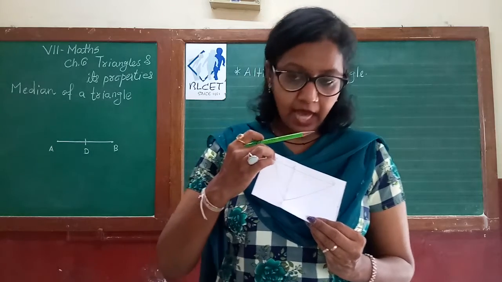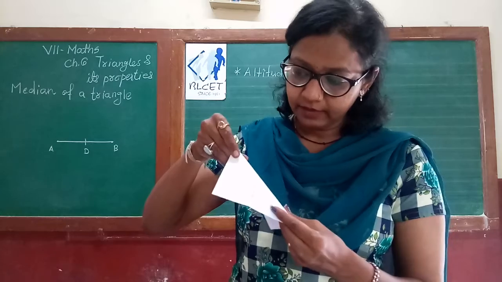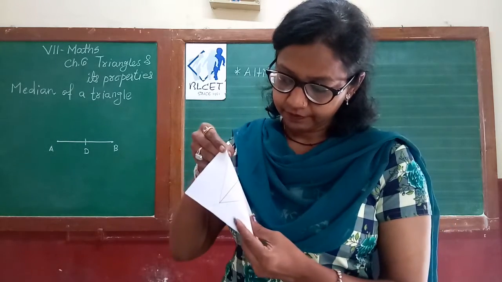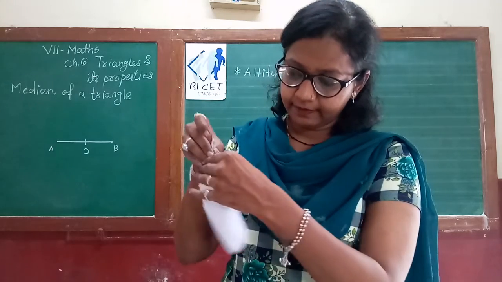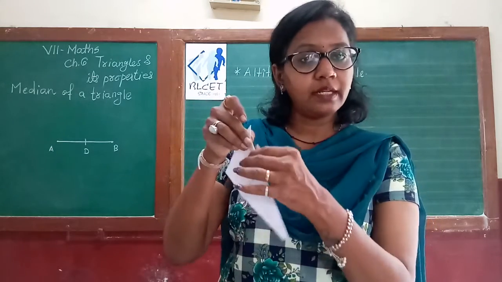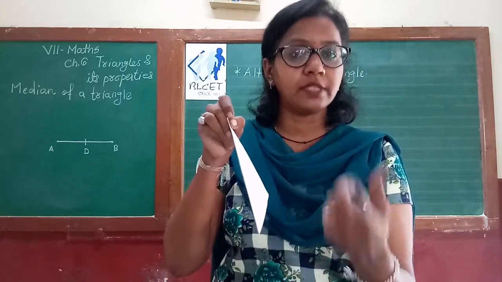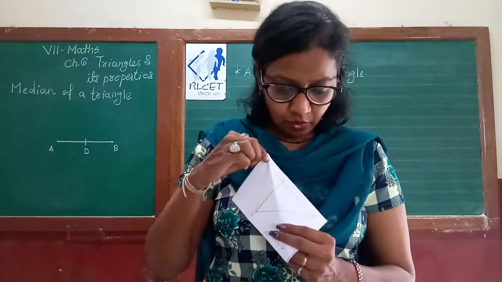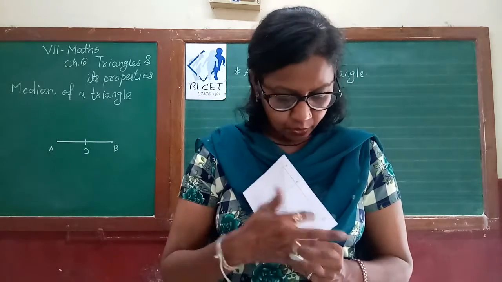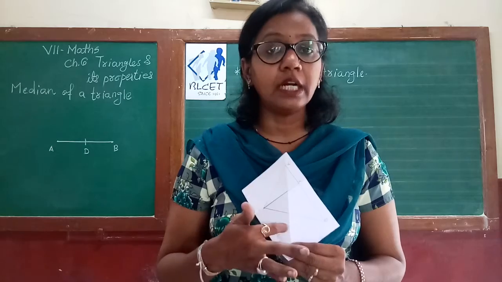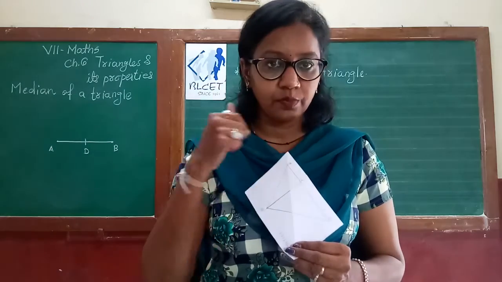From R, I just fold the triangle, like this. By folding it, I am finding the perpendicular to the opposite side. Again, if your triangle is like this, RPQ, this gives you the altitude, meaning the height of the triangle RPQ.